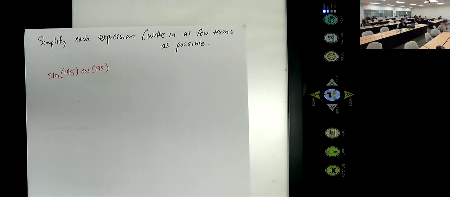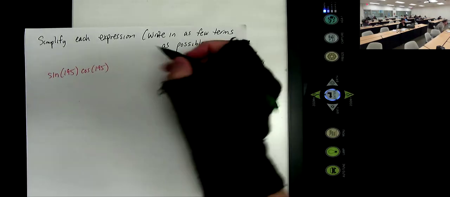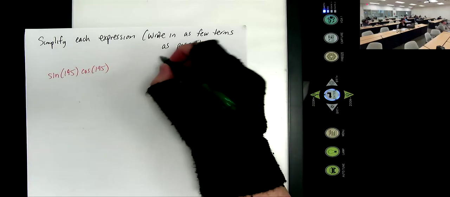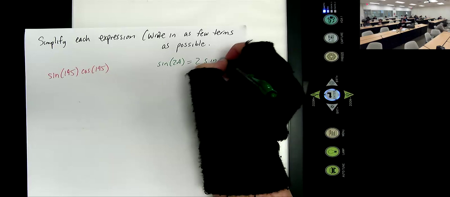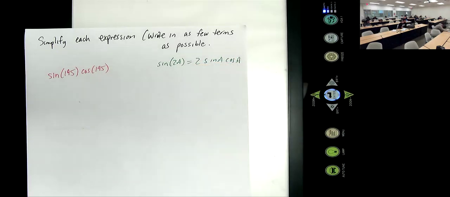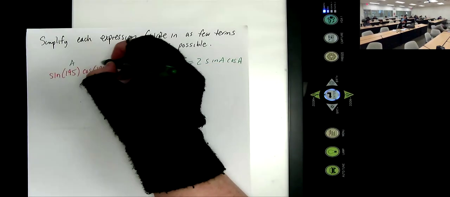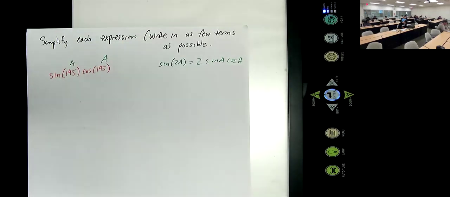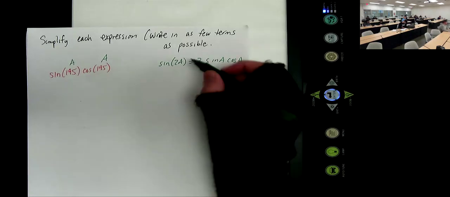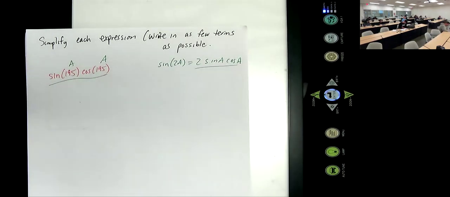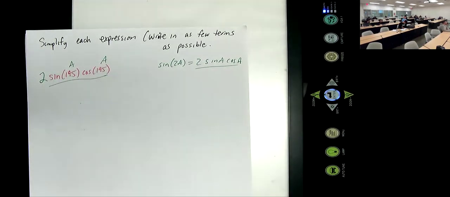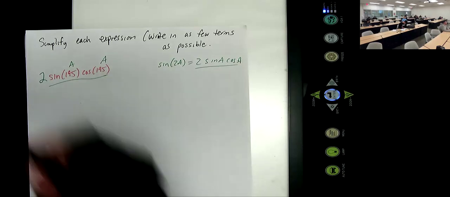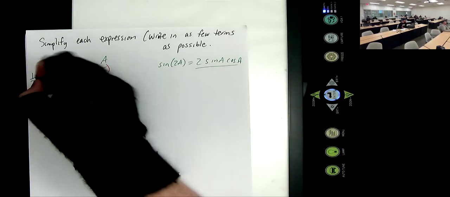Sine of 2A is 2 sine A cosine A. And if I call this A and A, we're missing a 2, right? To get it to match this formula, I'm missing a 2. So if I don't wanna change the value, but I wanna use that formula, I can multiply by 2, and then also multiply by 1/2.